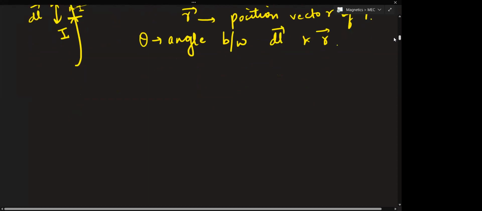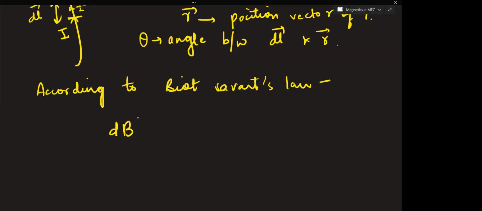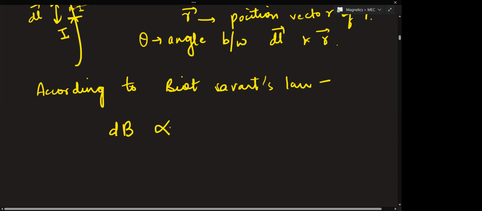According to Biot-Savart's law, since I have taken a very small portion, dL is the smallest portion, an infinitesimal current element, that's why I'm taking it as dB. So dB, the magnitude of magnetic field, is firstly directly proportional to the current that is flowing through it.